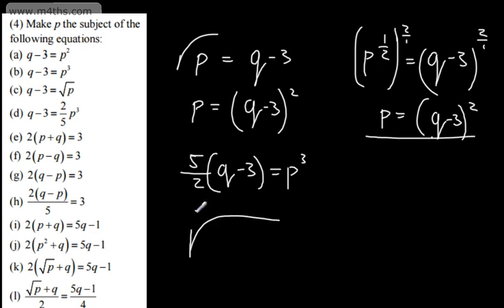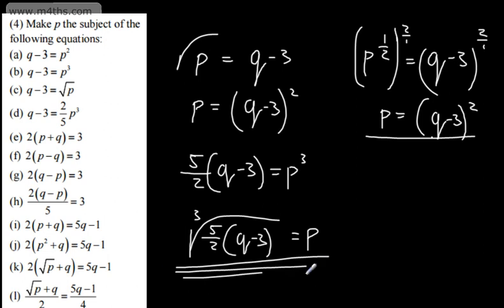So it's the cube root of 5 over 2 times q minus 3, and that's equal to p. Remember, it's not plus or minus as it's the cube root. If we have even powers, 2, 4, 6, 8, and so on, we do have a plus or minus answer. If we have odd powers, it's just either a positive or a negative, not both.